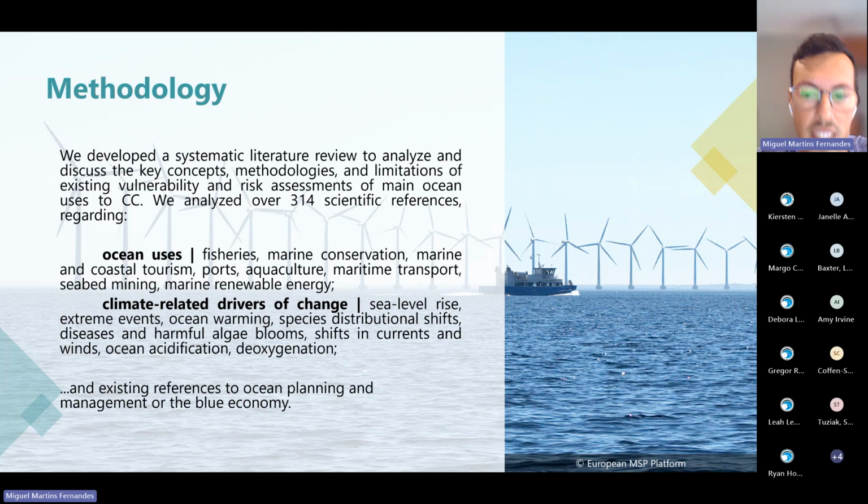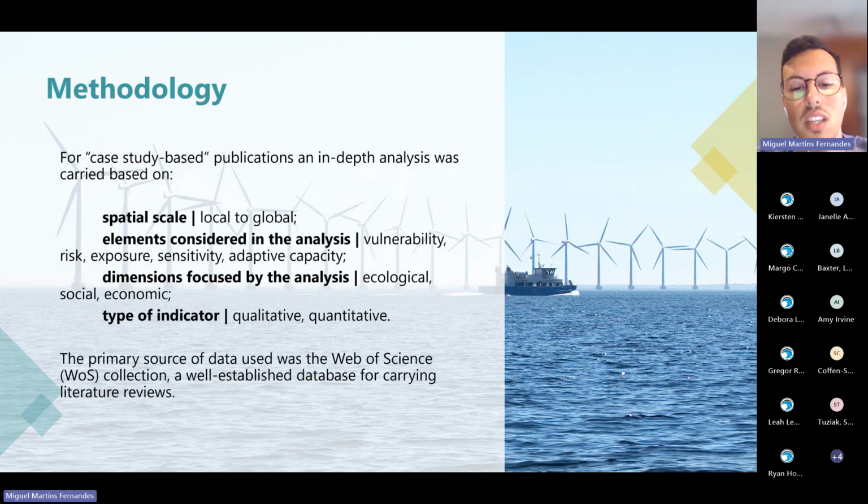With that, we also divided the publications that we found into two types. The first one was the conceptual publications, more theoretical works that define vulnerability and risk assessments, and try to shed light on different elements and descriptions. And then the case study based publications, where there is an explicit and specific risk assessment.